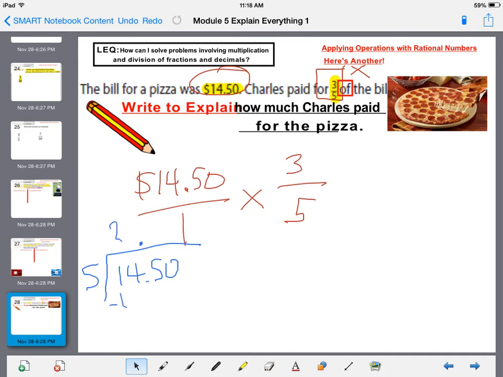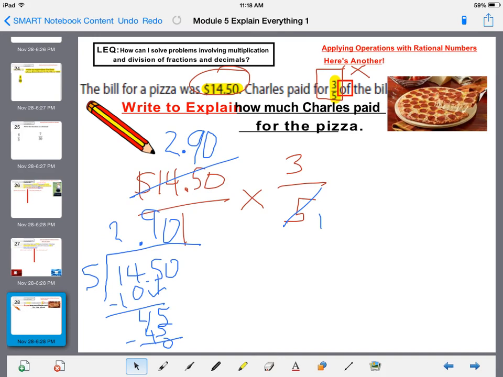I'm going to take 10 from 14, that gives me 4, bring down my 5, 5 goes into 45 9 times. And now I just bring up that 0. So 5 goes into $14.50 2 dollars and 90 hundredths. And now I'm left with $2.90 times 3.